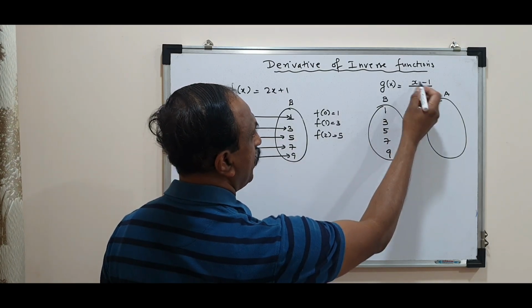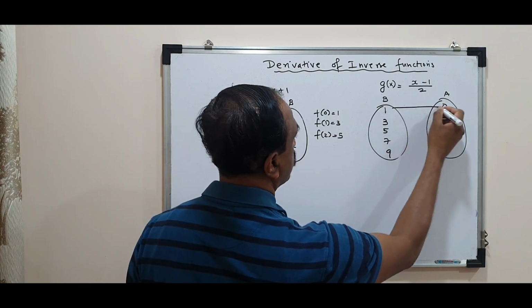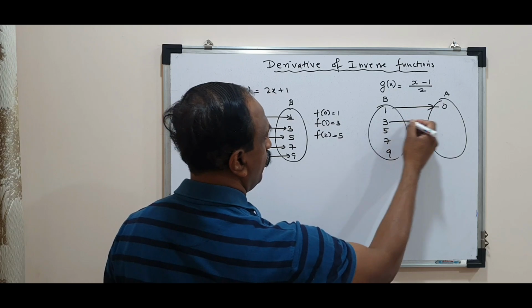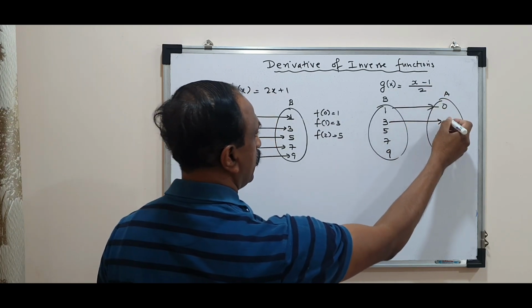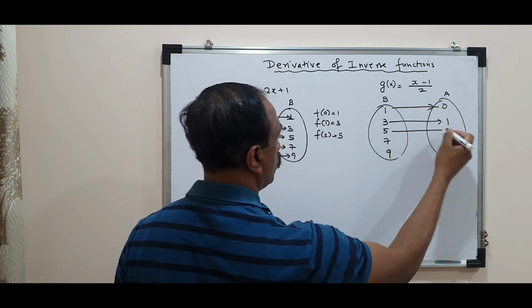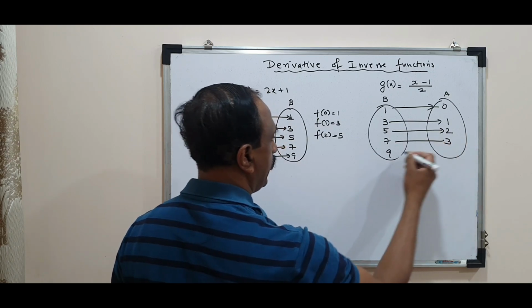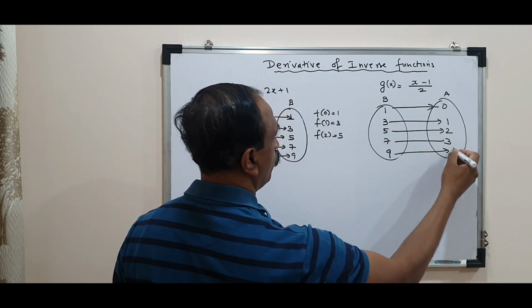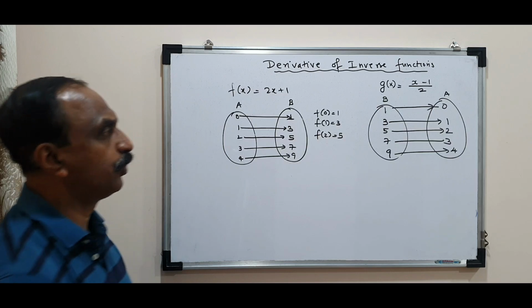When I replace x by 1, I get 0. So 1 is related to 0. When I put x as 3, it is related to 1. 5 is related to 2. 7 is related to 3. 9 is related to 4. 9 minus 1 divided by 2 is 4.